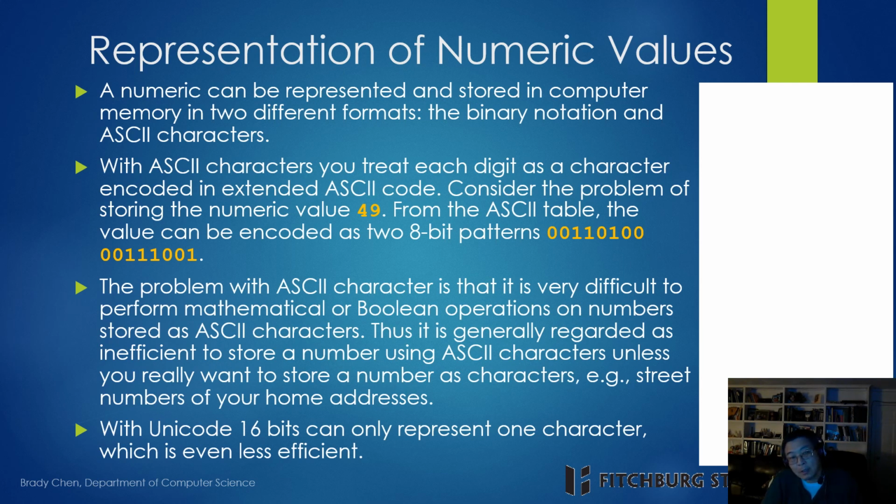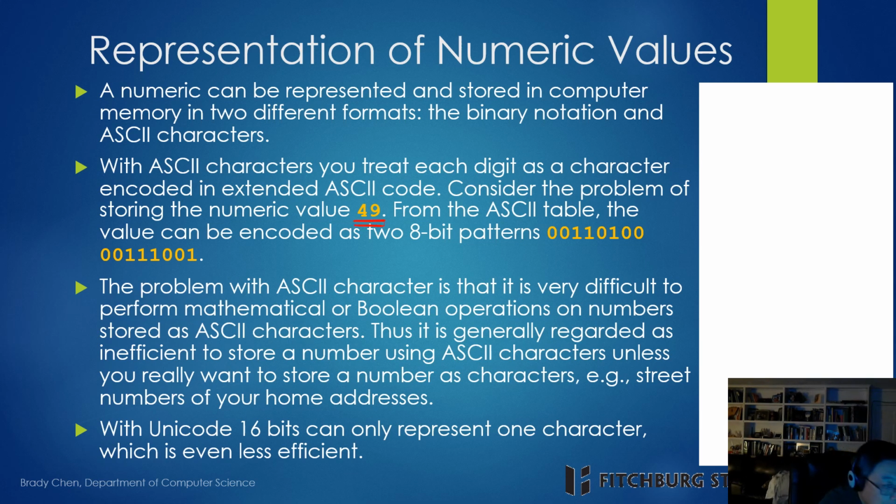Now let's look at another data type, the numeric value. A numeric value can be represented and stored in the computer in 2 different formats. The first one is the binary notation, as was discussed in Module 4. The other format is ASCII characters. Let's take a look at an example. Let's look at the number 49.